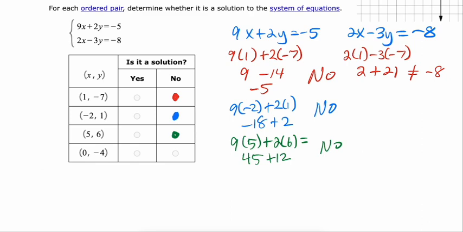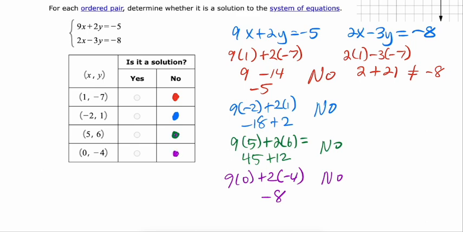Last one we're going to check is 0, -4. So we're going to get 9 times 0 plus 2 times -4, which is -8. That is a no. Why they gave us so many no's, I do not know.